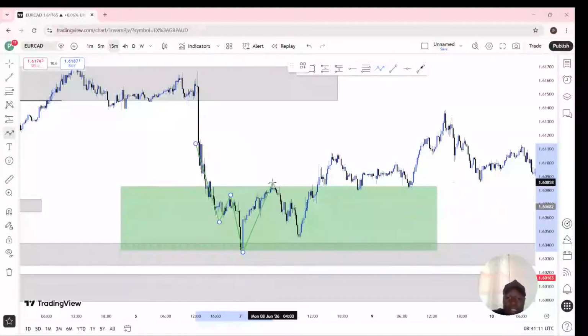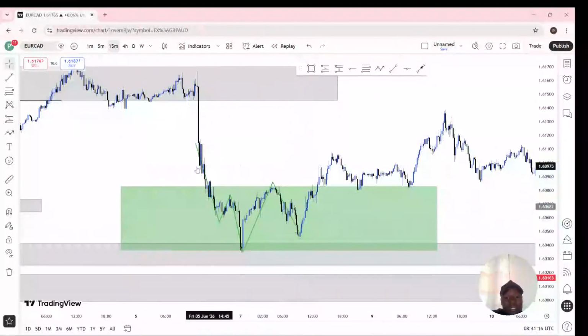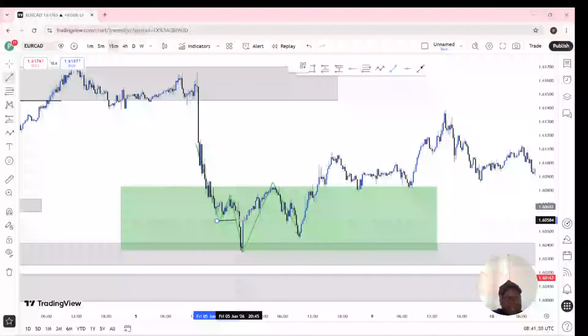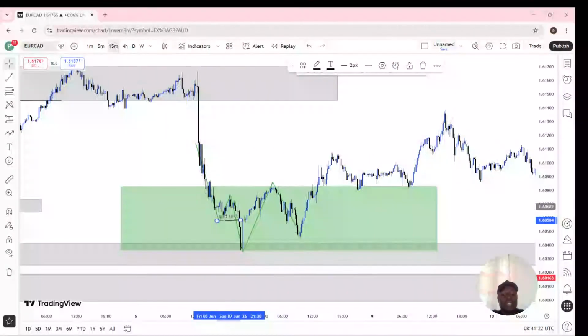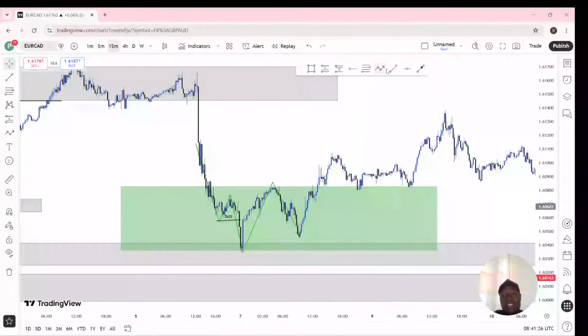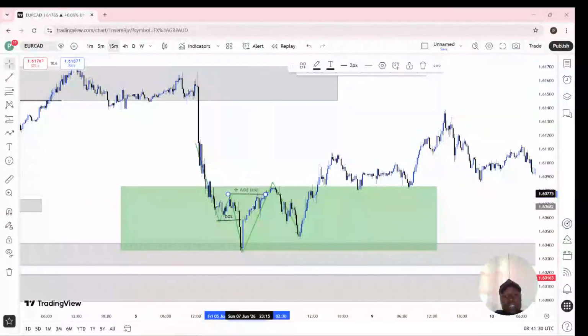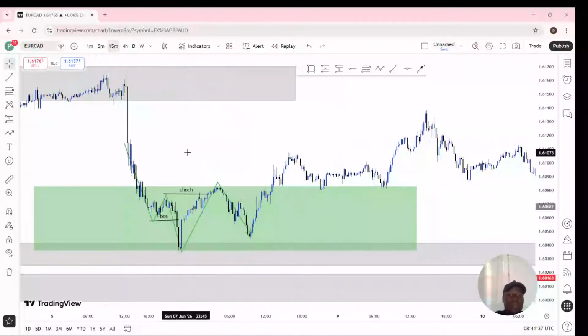Then after price retraces, you see this. This is a clear break of market structure, as you can see. Then finally we see price shifting, making it a change of character, as we can see. Then we wait.